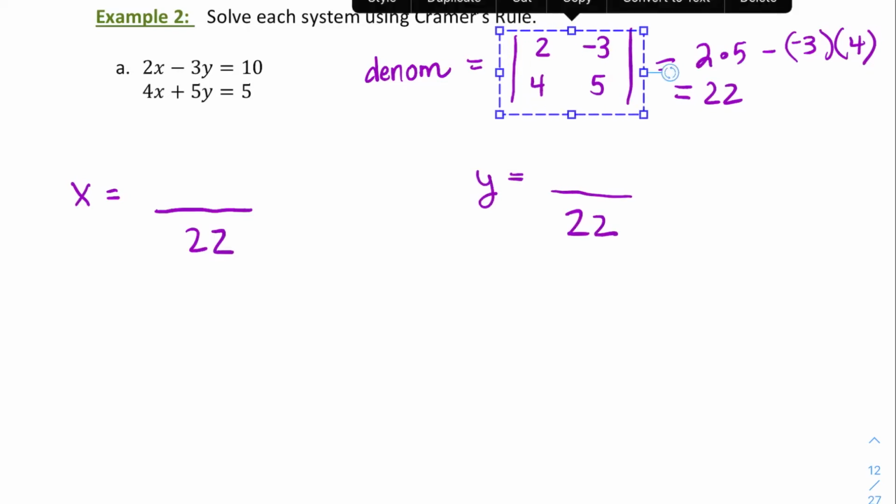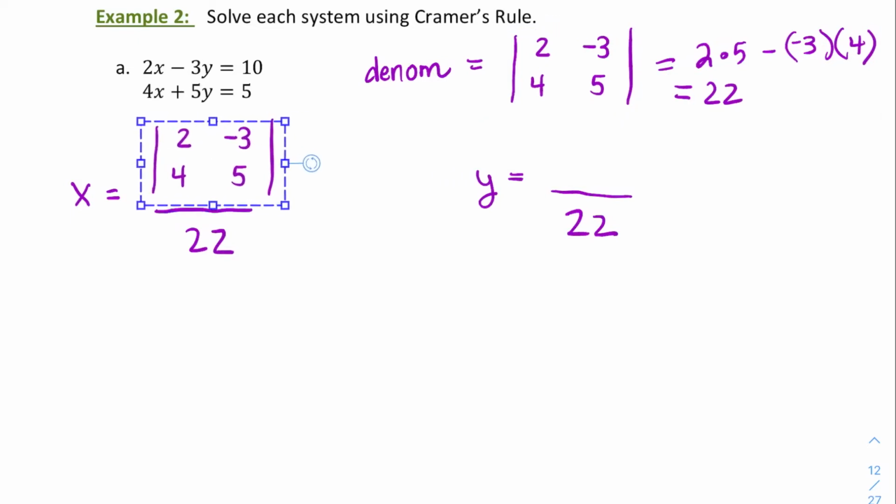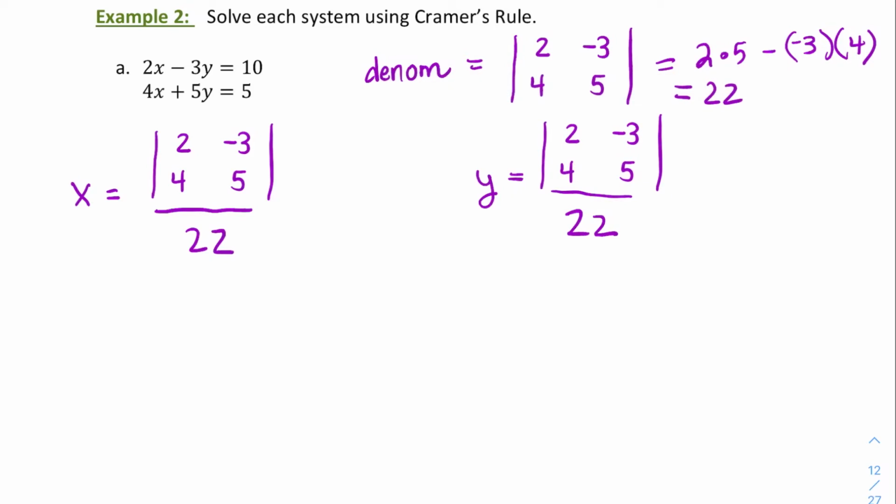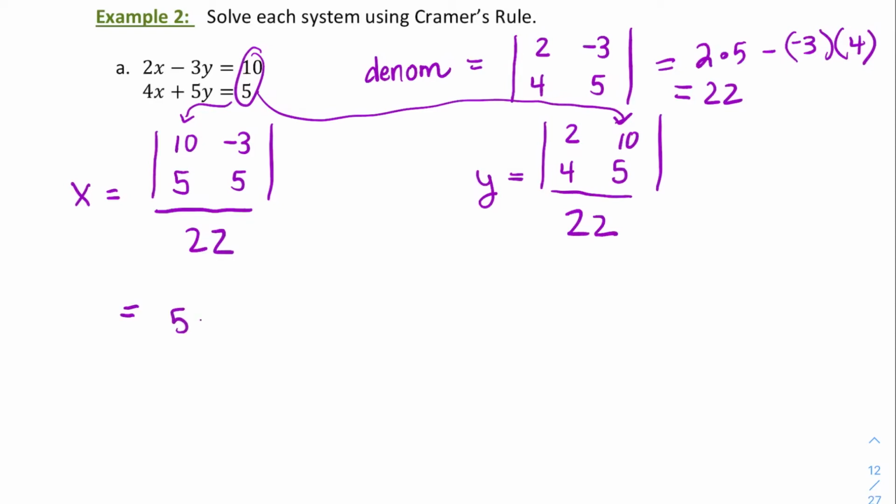And then to find my value of x, I'm going to take that same matrix I used the determinant of in my denominator and put it in both numerators, but then I'm going to edit it slightly. So to find x, I'm going to replace my x column with 10 and 5, my constants. And to find y, I'm going to replace my second column, my y column, with 10 and 5 instead. Then I'll calculate my determinants and I'll have my values of those two variables.